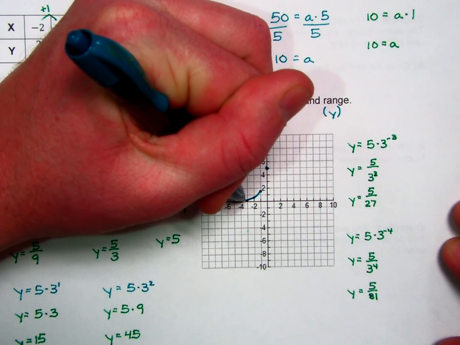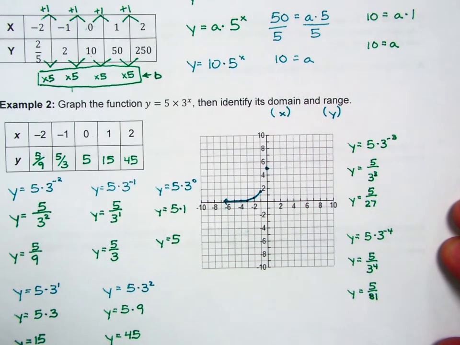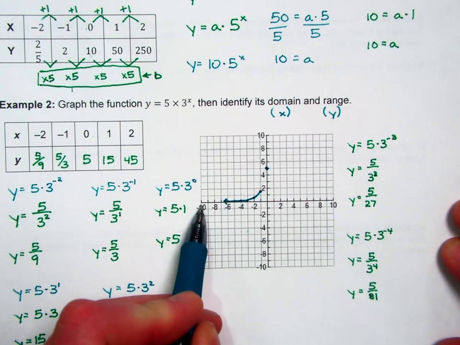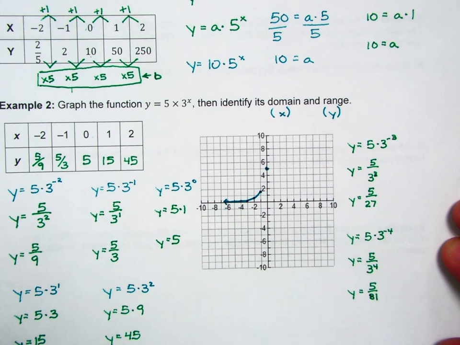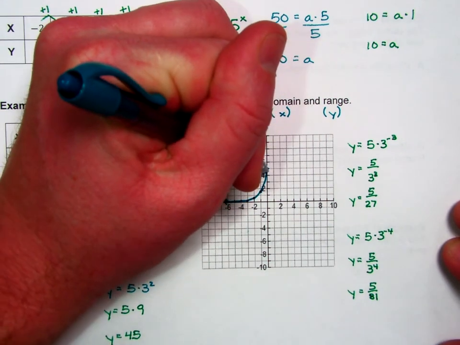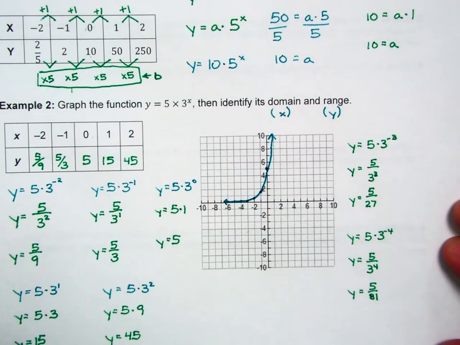We're going to create a smooth curve here that ultimately gets almost to 0, but then just continues forever and ever and ever in that direction and really doesn't change height. And as we go to the other side, it's going to grow, as we talked about, extremely fast in this particular idea. This is the graph of y equals 5 times 3 to the x power.